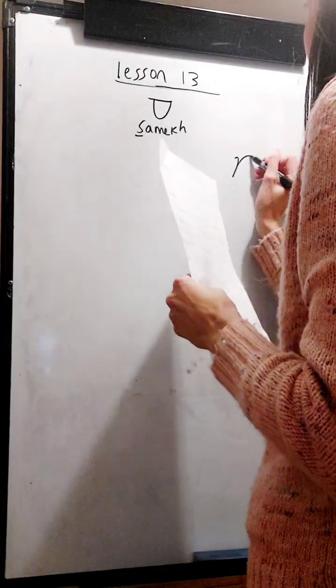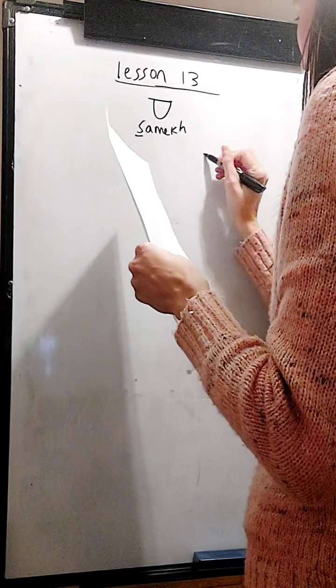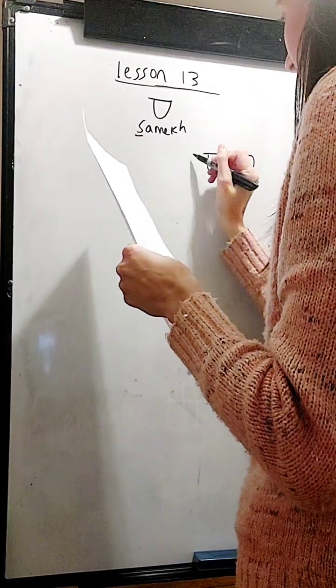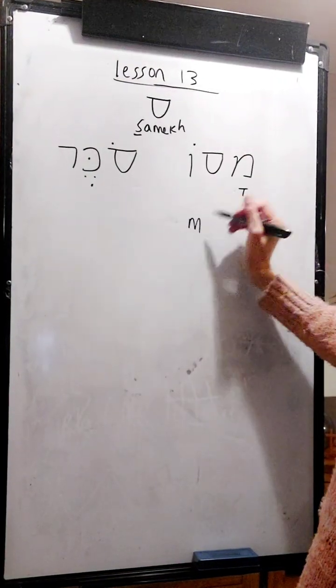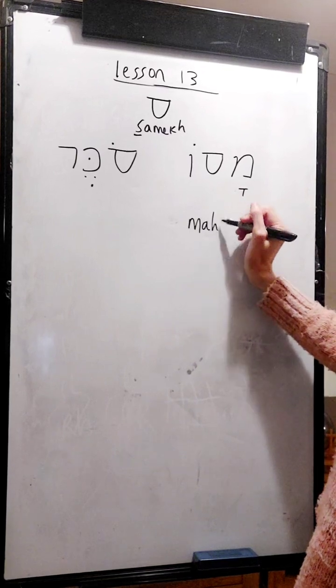Okay, we'll have practice with a couple more little letters. I'll do two. Okay, so sound of the consonant, sound of the vowel, a.